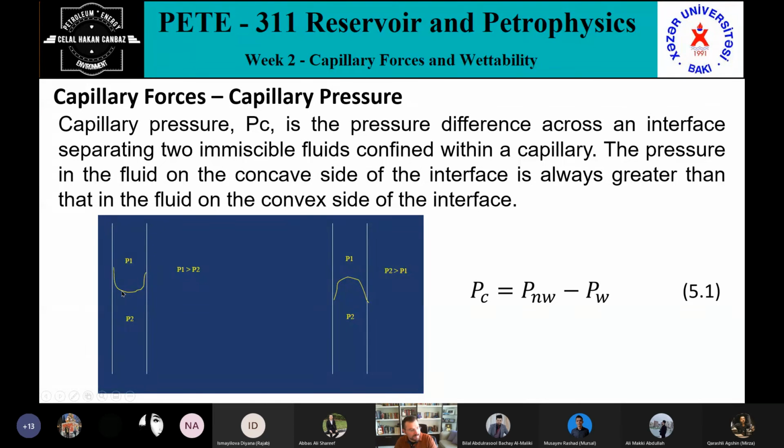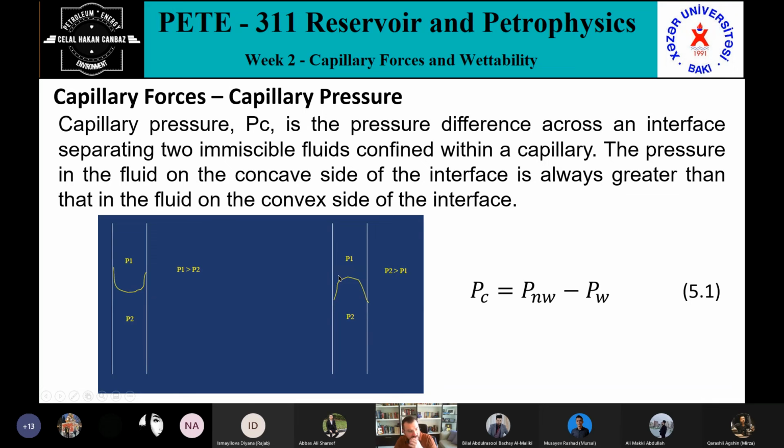P2 is trying to push from here, because P2 is bigger. So I am somewhere here, and P2 is pushing this and expanding the fluid, and by time the fluid will expand from here, for example, to here, from here to here, right?